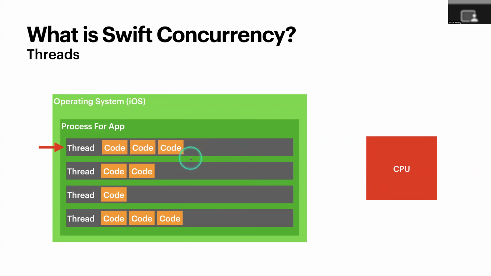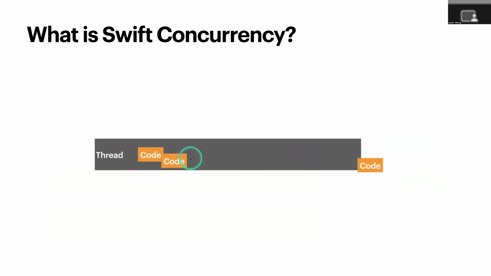And then it takes the next one and runs it on the CPU. And then it says, okay, now let's actually move to the third thread. So the operating system can choose which thread to run on. And so now it chooses the third thread, it runs that code on the CPU and so forth.